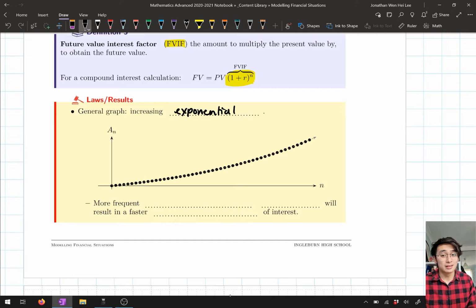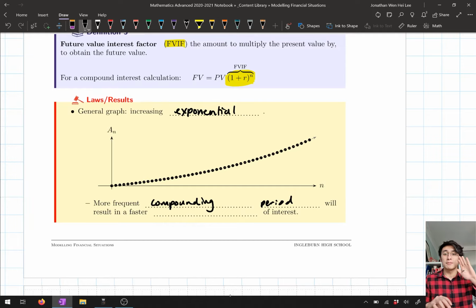There's a few things to note about this exponential graph and things that will affect what the shape of it looks like. The more frequent the compounding periods, so let's say you have an account that is compounding every year and an account which is compounding every month, the monthly one is compounding faster because you're doing it 12 times over the year.